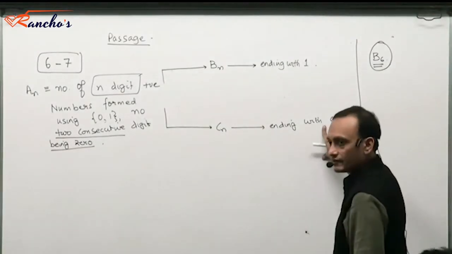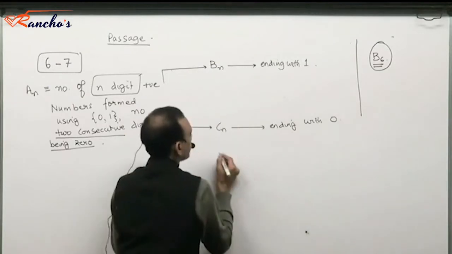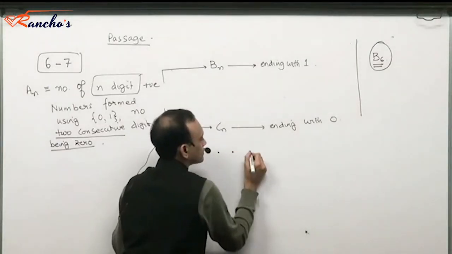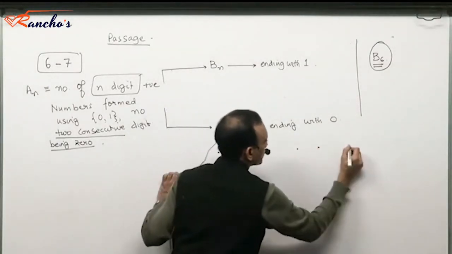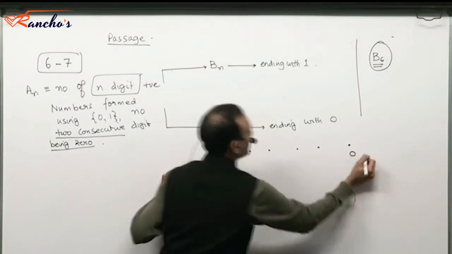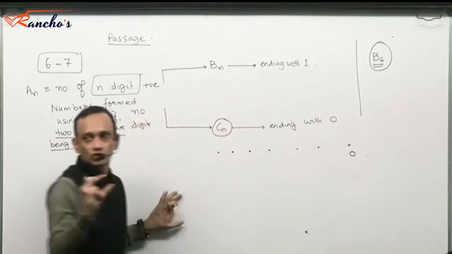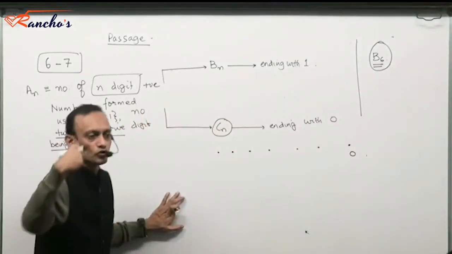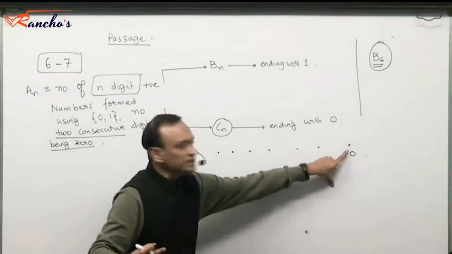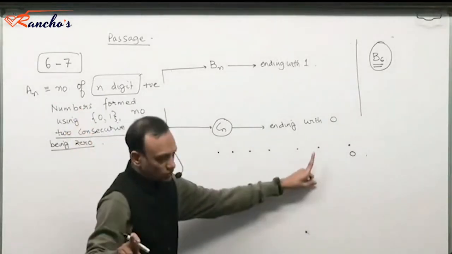Now let me look at CN. CN is what? A number that ends with 0. CN is the count of those n-digit numbers, from this set, that end with 0.